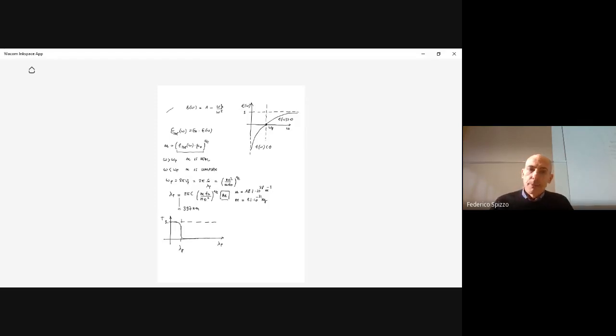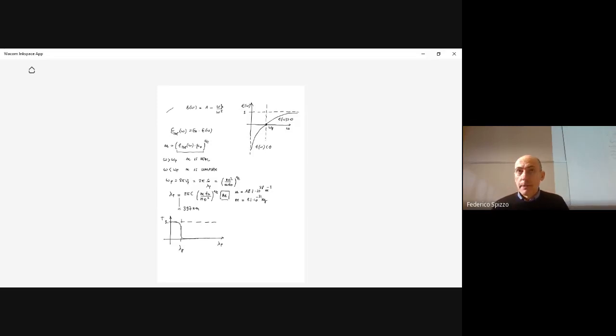The only problem, if we may call that a problem, is that from the point of view of the optical properties of the material, the only free parameter that you have here is the electronic density.